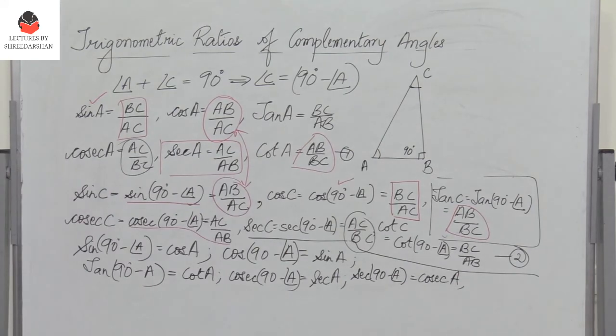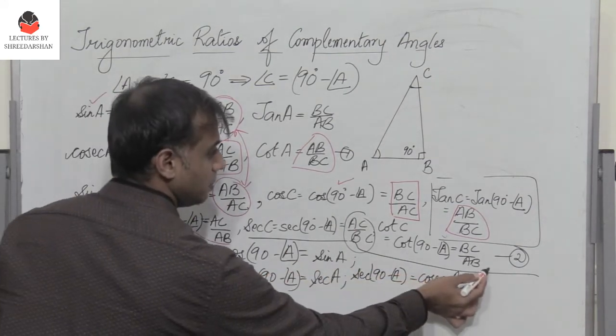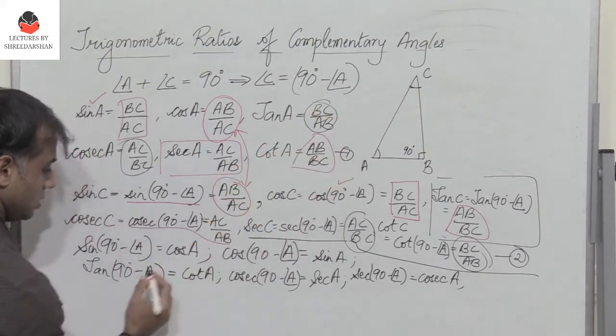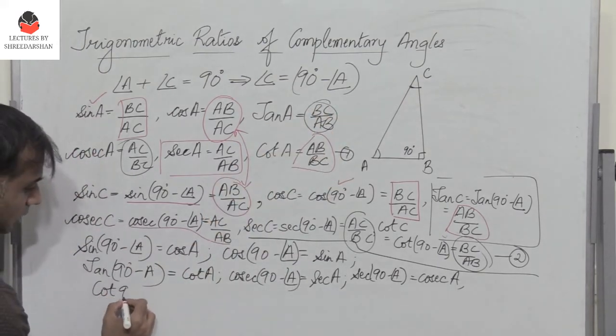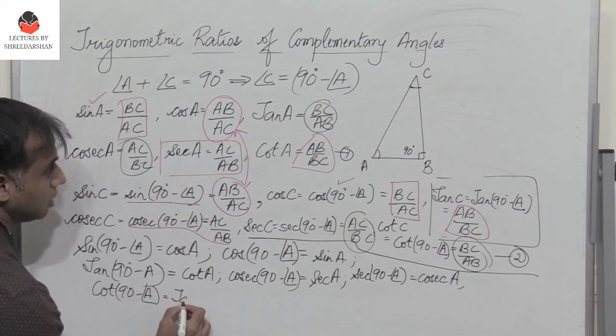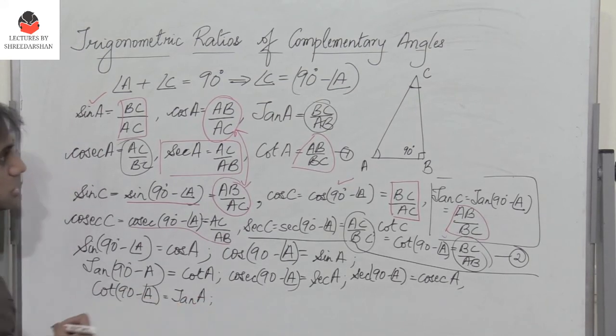And then the last one, which is left out, is cot of 90 minus A, BC by AB. Right? So where is BC by AB? Which is tan A. So cot of 90 minus A is nothing but tan A, which is BC by AB. So we have got these 6 relations.